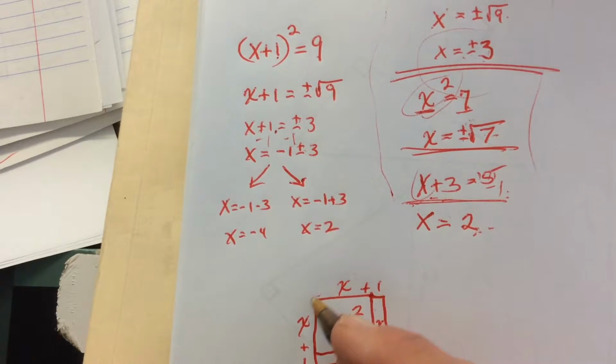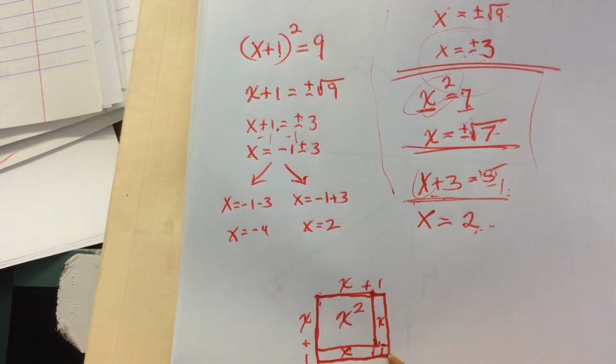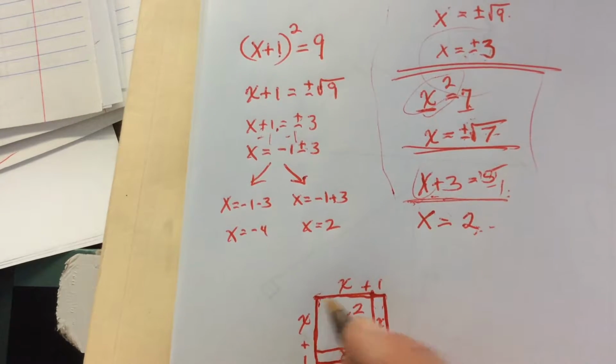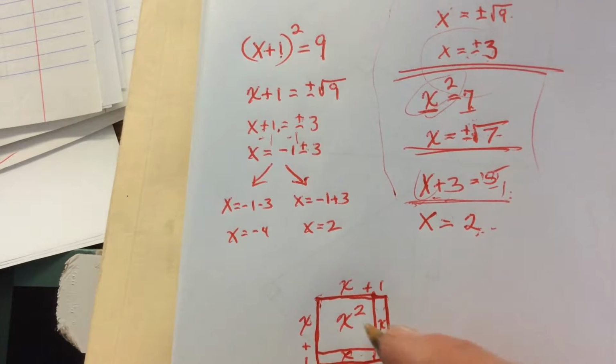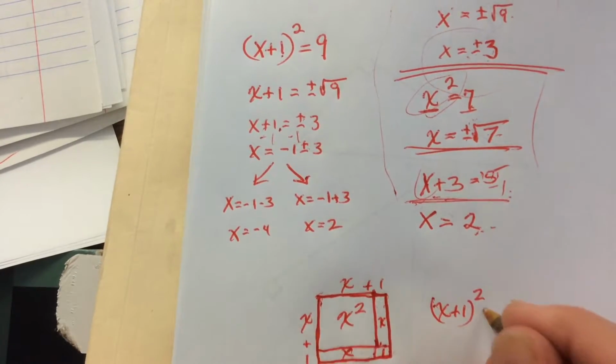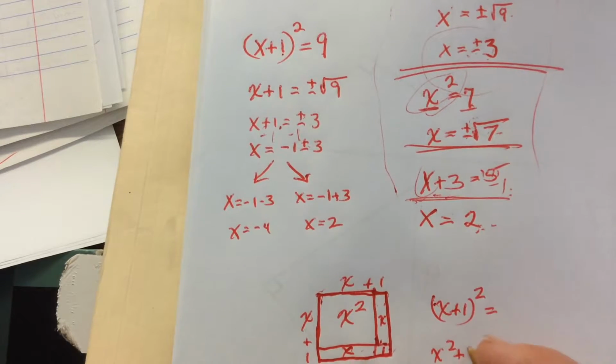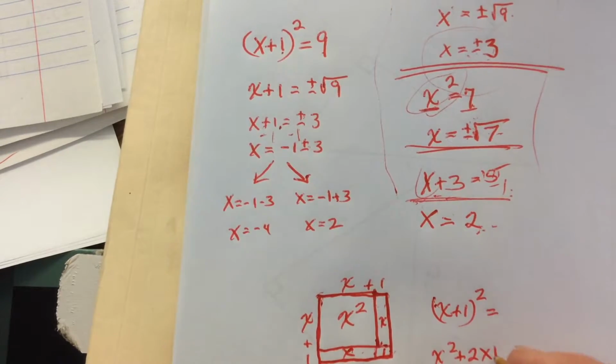So the area of this square was represented by x plus 1 squared. And when you worked it all out, it equaled x squared plus 2x plus 1.